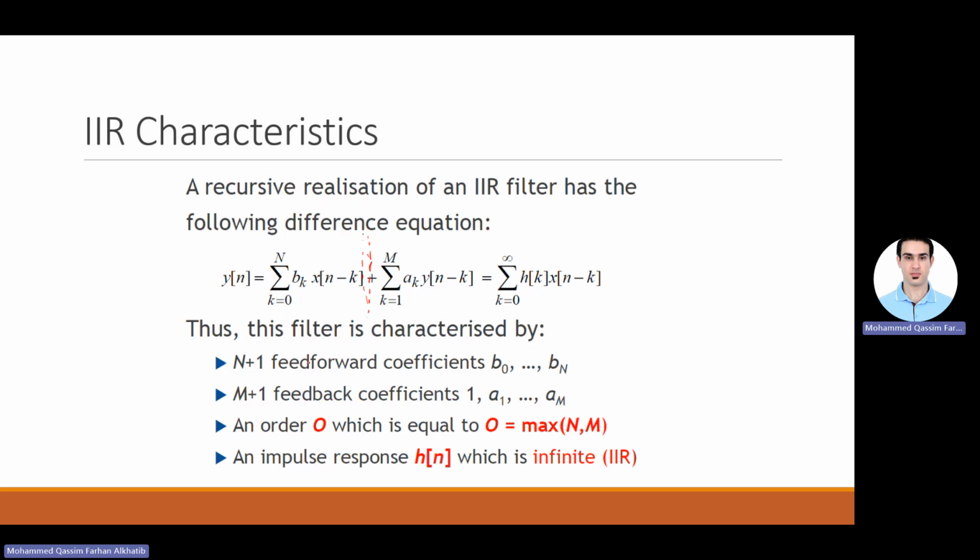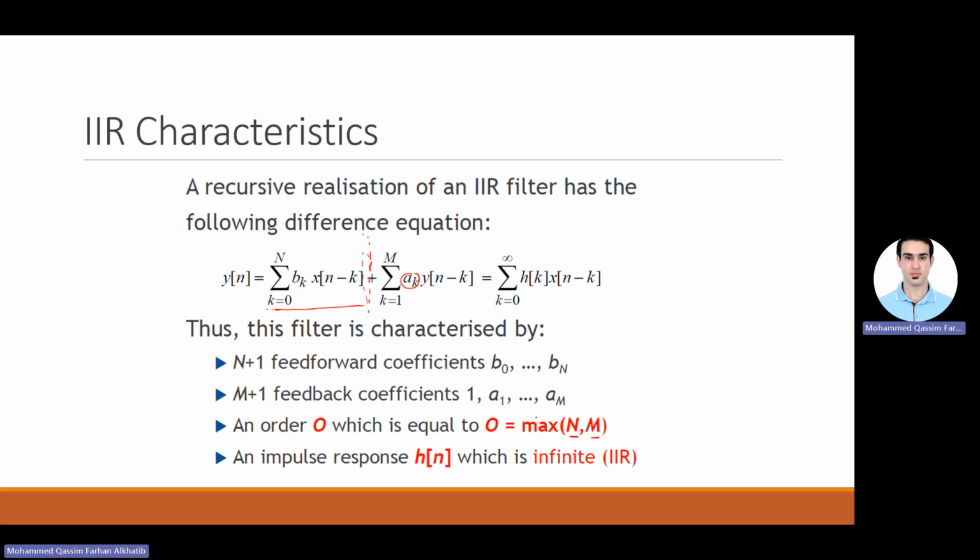You have feed-forward coefficients that are related to the FIR structure, and you have feedback coefficients, a of k, with values going from 1 to a of m. And the order is the maximum of n and m. Again, you just look at the maximum delay, and that's going to be the order of the filter.